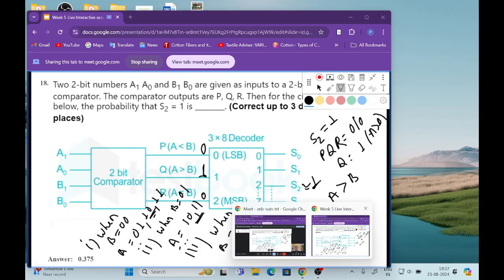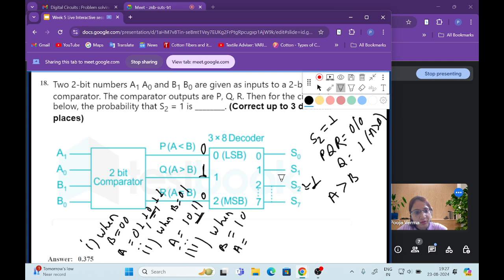Okay, you are going very forward. So if A is 1 1, in that case A will be greater than B. So, okay, here total three combinations are there. Here total two combinations are there. Here one.